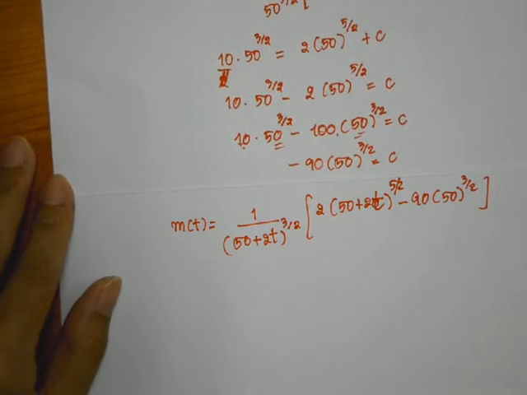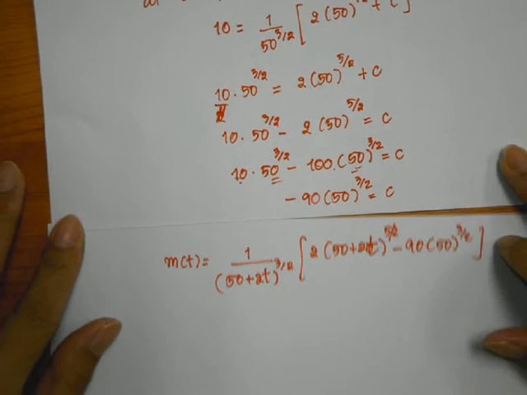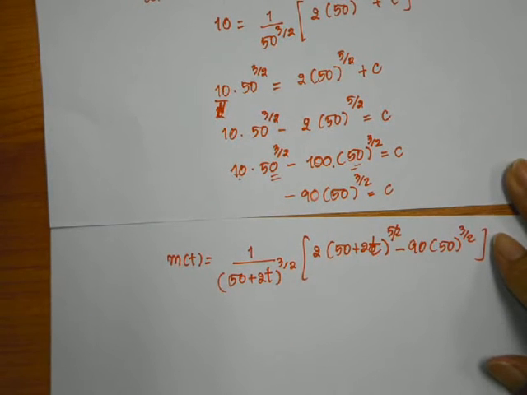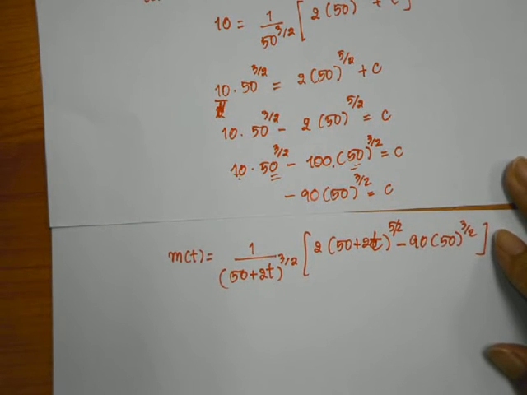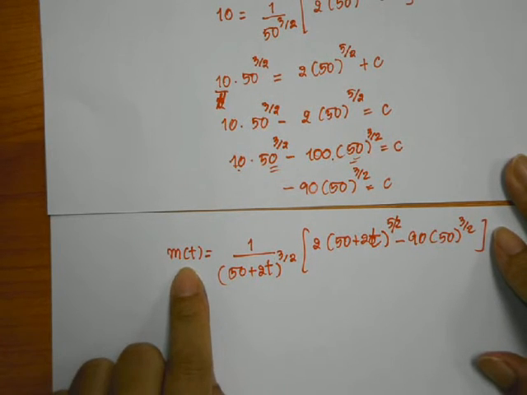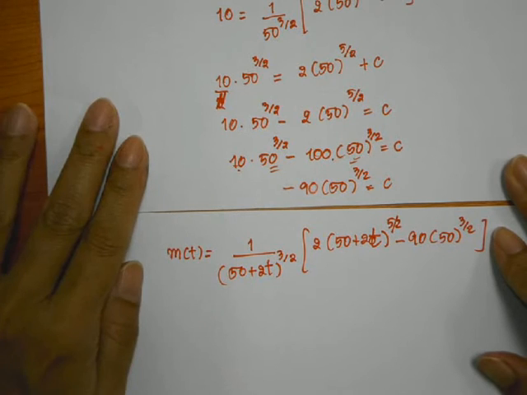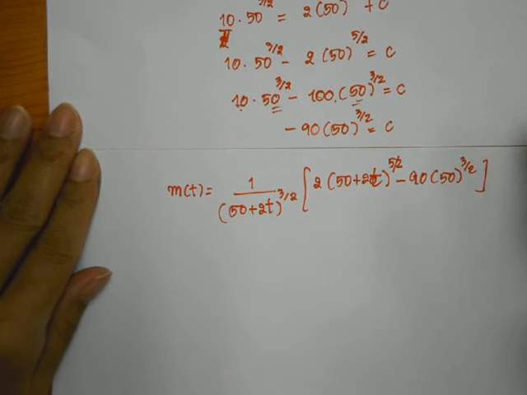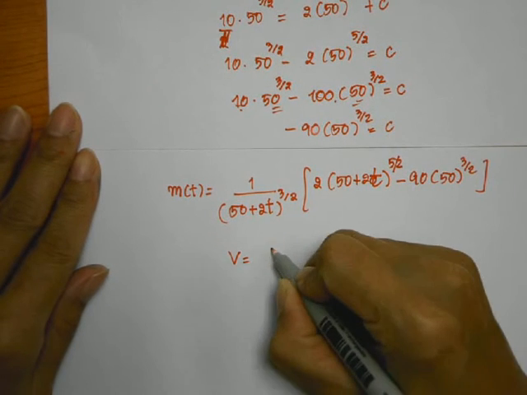And then the problem statement is asking more. It is asking to find the maximum mass of salt when the tank is full. We have to know what time the tank is full. So if we know the time, then we would know the mass of salt inside the tank. From our equation 2, we know that V is equal to 50 plus 2t.